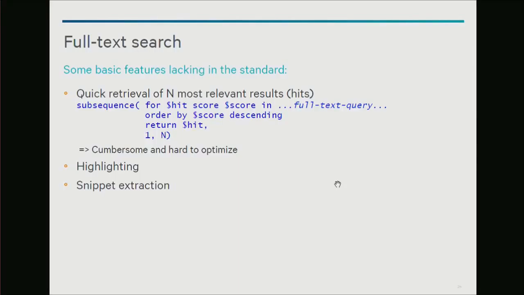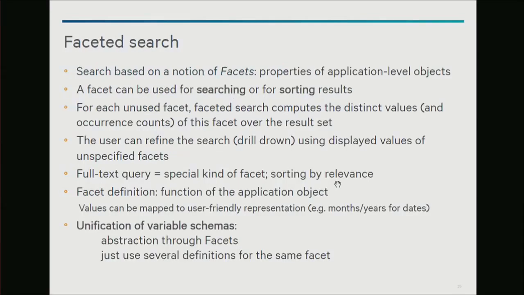And also we think that a feature which doesn't exist yet in QuiXQuery, but that we want to develop and provide, is faceted search. I think maybe I'm going to lack time to explain this. Faceted search can be seen as a way of abstracting properties of application level objects.